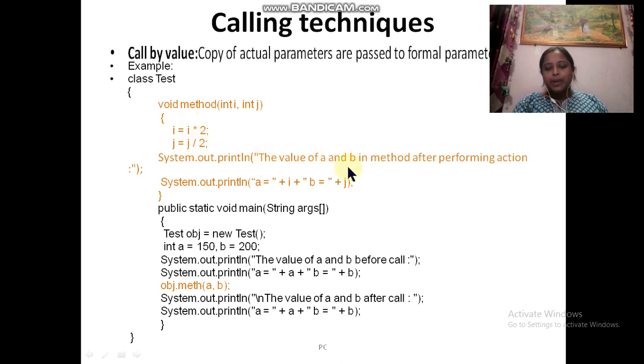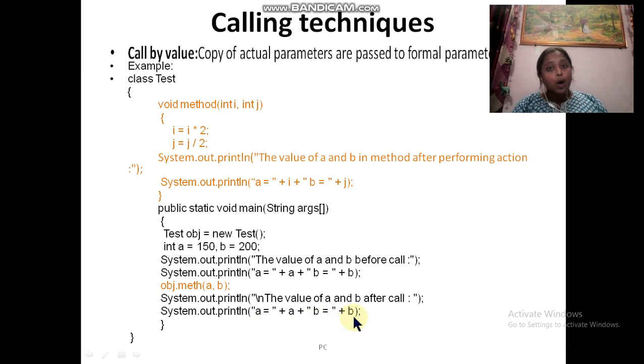This is printed within the method. In the main function, a and b are initialized with 150 and 200. We print the value of a and b before the call, the method is called, and then a and b are printed after the call.